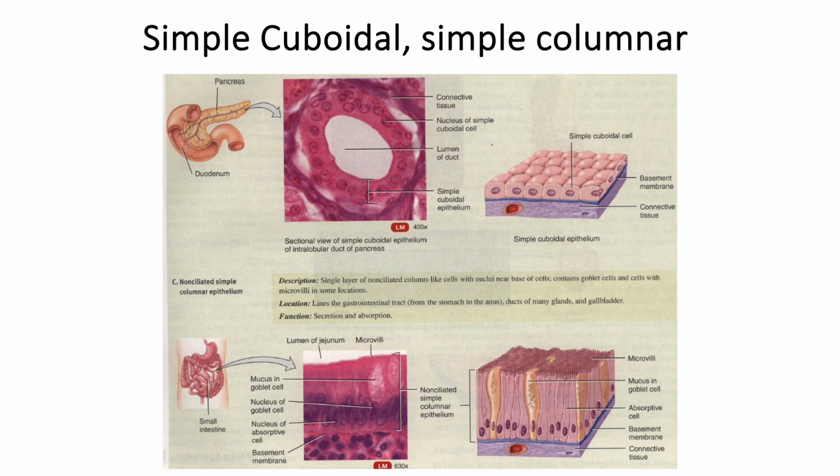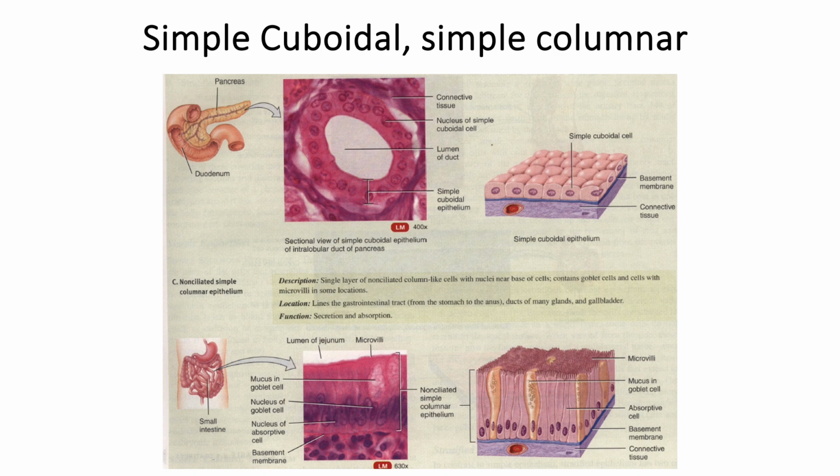This is another example of a simple cuboidal type of epithelium, and they also have simple columnar at the base, and you have part of the body being shown to make the point of the source, where you find this type of epithelia.